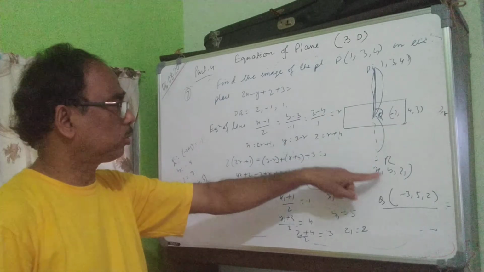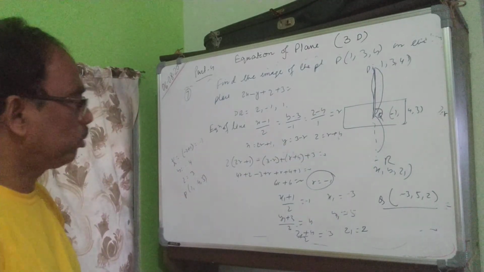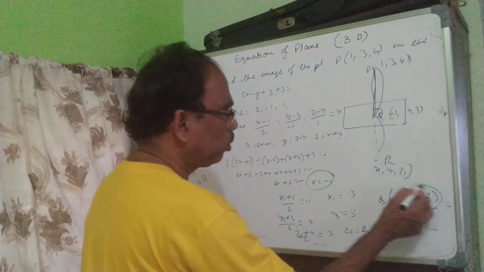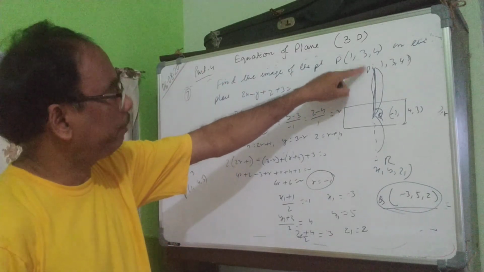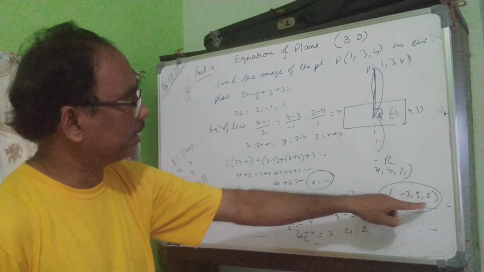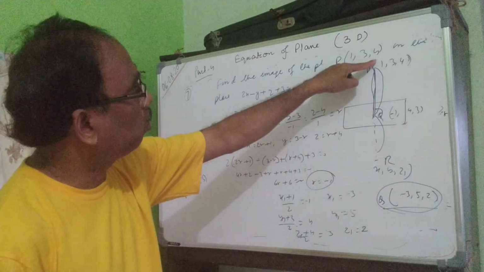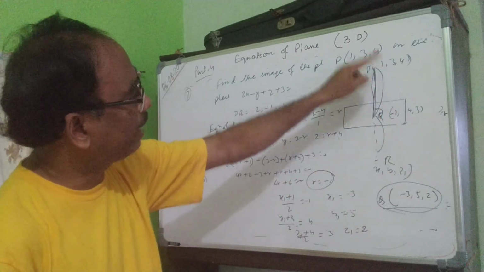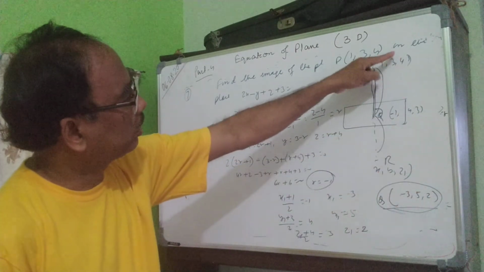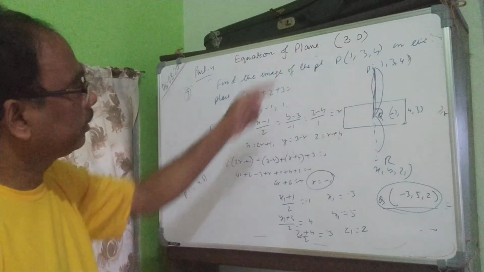Then we can take the coordinates of the point, x1 and z1, and that is the image of the point P. Checking: -3 plus 1 is -2, by 2 is -1. 5 plus 3, 8 by 2 is 4.